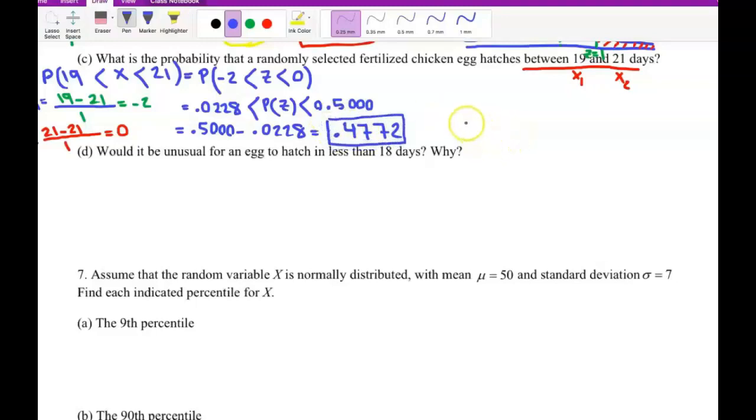Let's also draw this. Okay, so on this part we have z equals to 0, and here we have -2. And we should find the area in between.